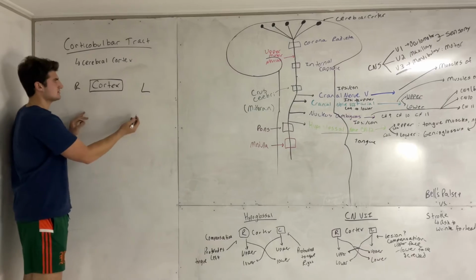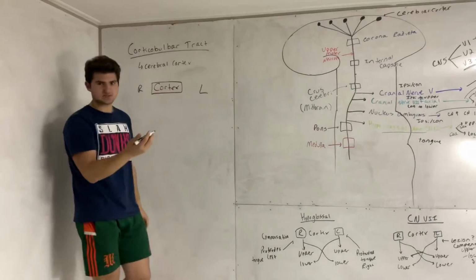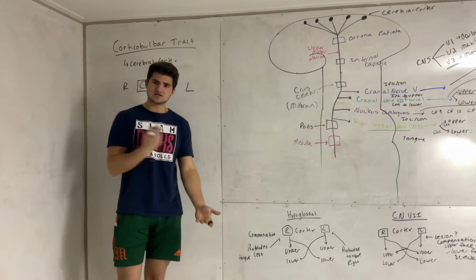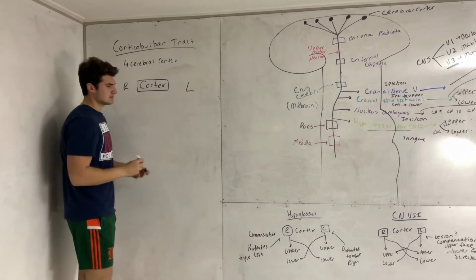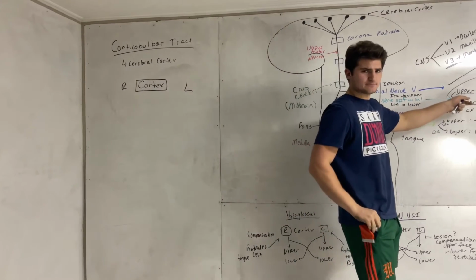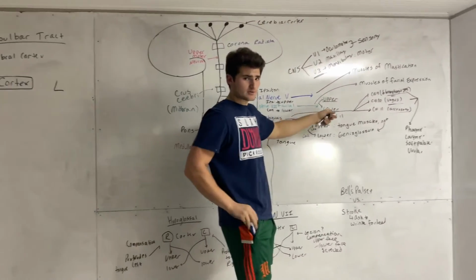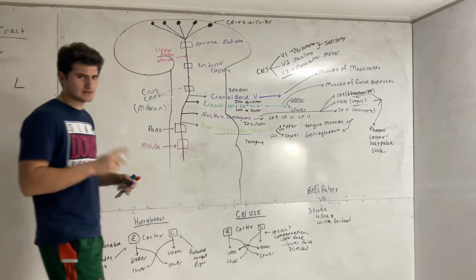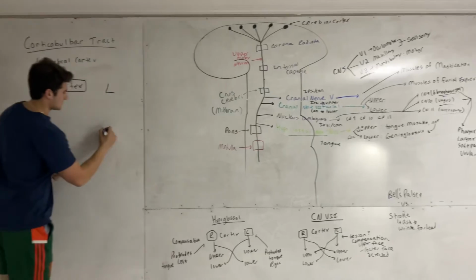So the cortex, right? We have the cerebral cortex. We already said what it does. And we're going to have a right and a left one. Body symmetrical, left side, right side. Now, remember over here, I wrote we have an upper region and a lower region. What's the difference between the upper and the lower region? We're going to talk about it right now. We're going to write right over here.